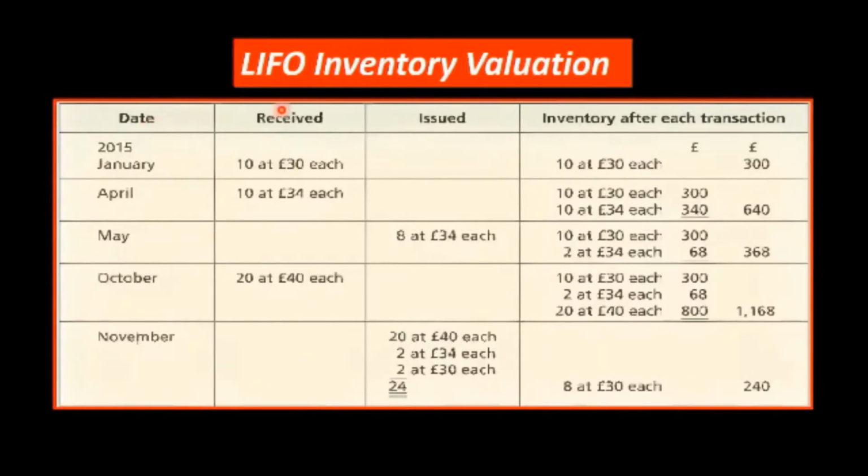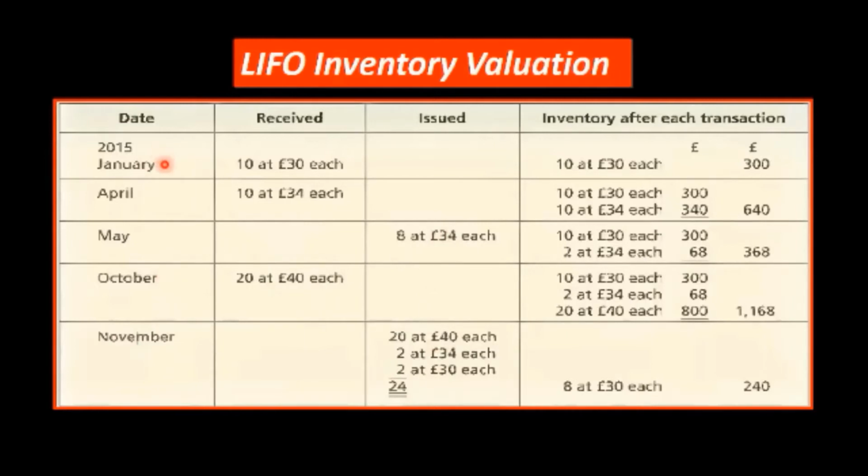Right, again the table is set up the same way: date, receive, issued, inventory after each transaction. This column will remain basically the same because we are using the same data, and this will change slightly. Okay, but we'll go through it one by one and look at it again.